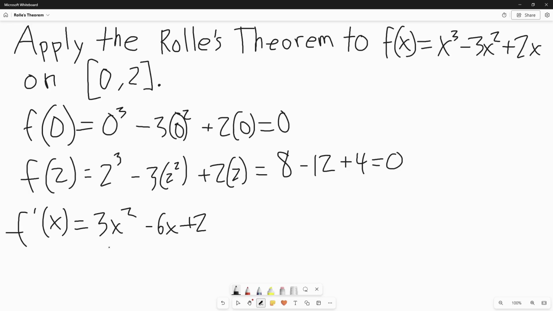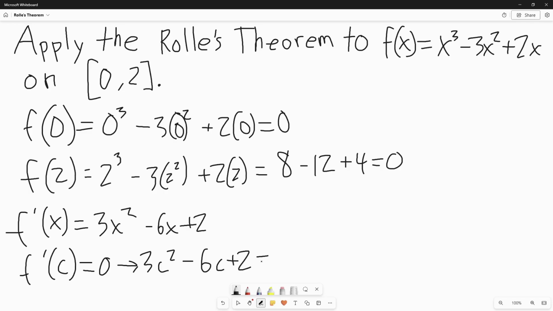And now, this isn't as simple. We have a quadratic this time. So if we want to find the c value where f prime of c equals 0, we need to replace x with c. So we write it as 3c squared minus 6c plus 2 and set it equal to 0. And we can use the quadratic formula to do this.